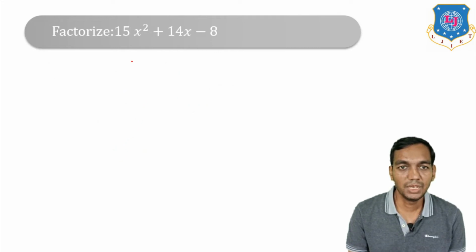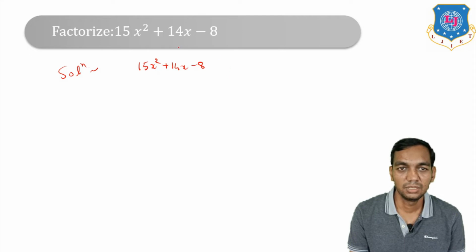Now we are going to factorize the term 15x square plus 14x minus 8. Now see, this is simply a quadratic expression, and if you have such a type, then you have to start with the coefficient of x square and the constant term.